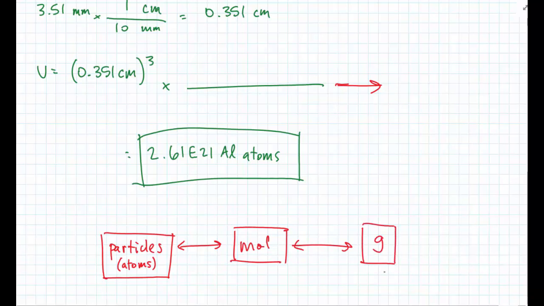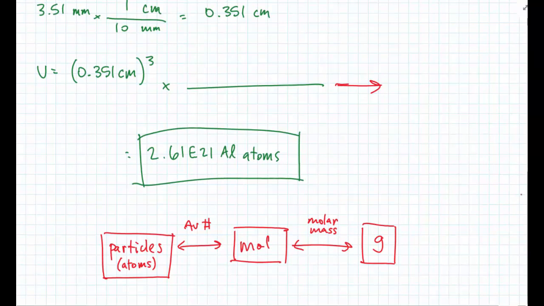Okay. Avogadro's number there. Molar mass there. That is a common scheme that you should get used to going back and forth with. We're going to get more practice of that later on in chapter 3 when we do stoichiometry, calculating reaction amounts and so on. Okay.